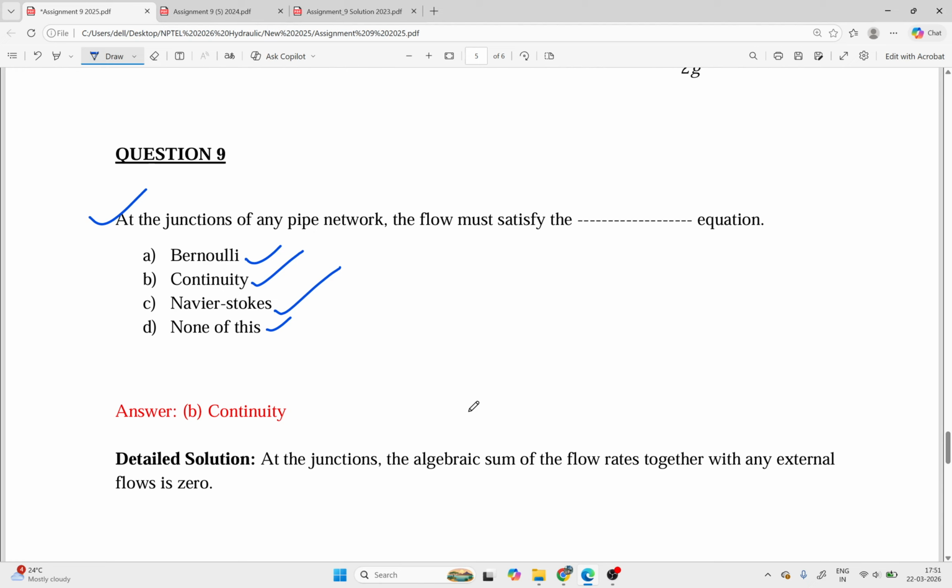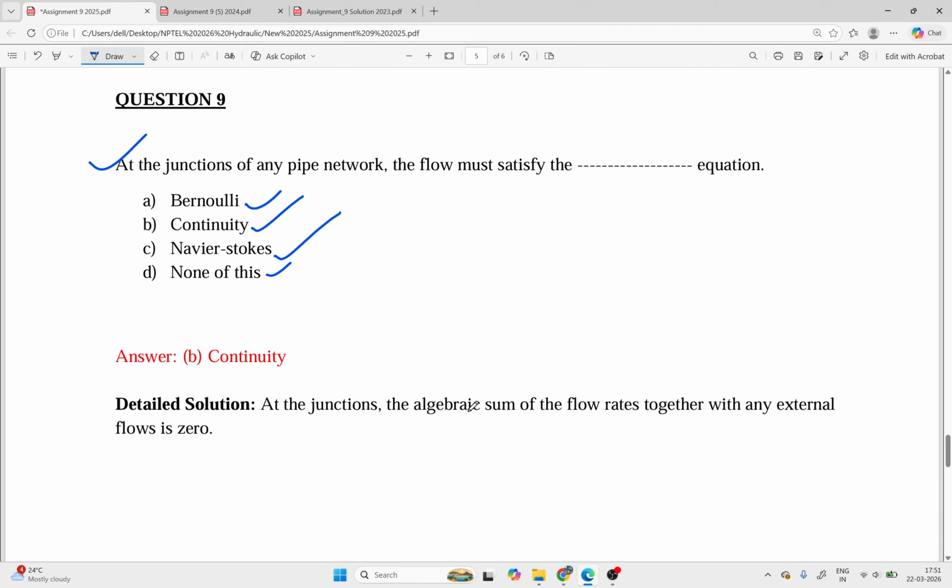Definitely the continuity equation must be followed at the junction of the pipe network. Remember, please, your continuity equation. In the detailed solution, at the junction, the algebraic sum of the flow rates together with the external flow is 0.